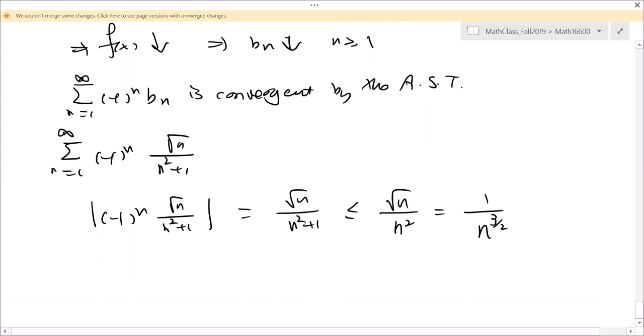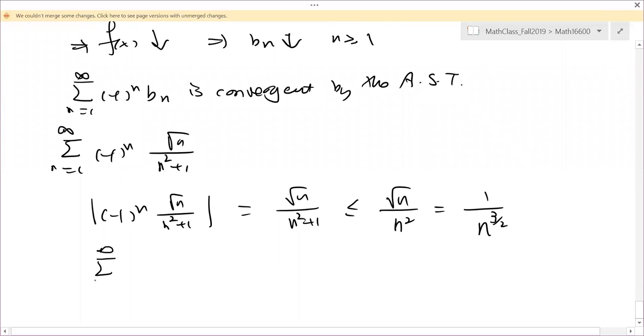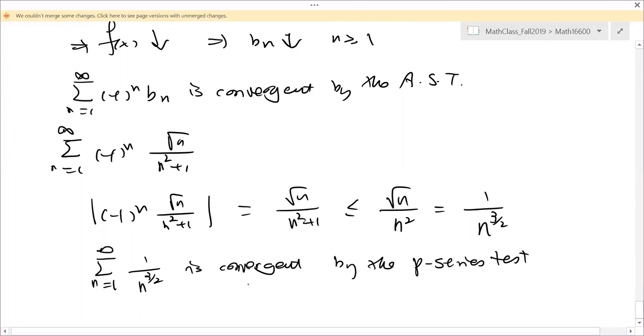So this p series is convergent by the p series test, for p equal to 3/2, which is greater than 1. Okay, p is greater than 1.